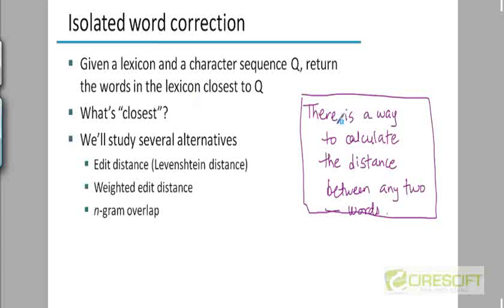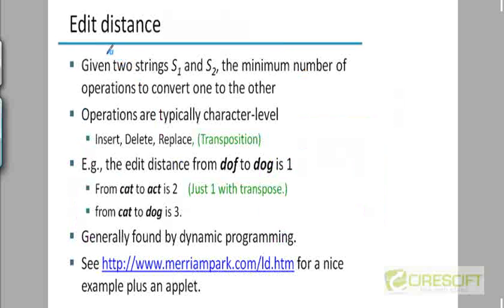Now there are multiple ways to define this distance measure between two words, and we'll look at three of them. The first one is called the edit distance or the Levenshtein distance. The second one is just a variant of the first one, and the third one is a different kind of distance measure, which we'll see after we've seen how to calculate the edit distance.